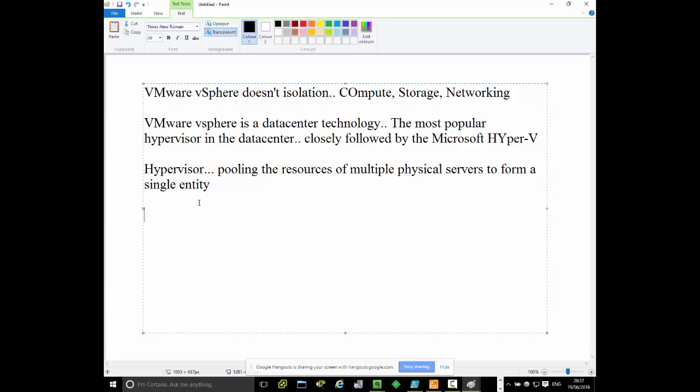There's the popularity of cloud technologies in IT infrastructure. We've got the public cloud, which is really popular, things like Amazon Web Services, AWS, and the Microsoft Azure services.